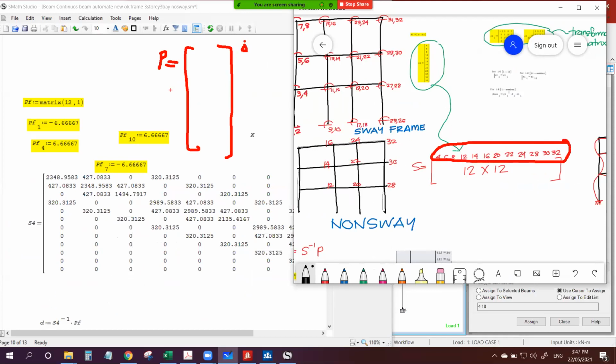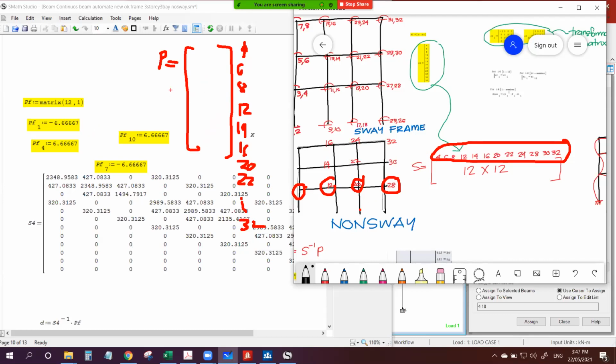So it should be 4, 6, 8, 12, 14, 16, 20, 22, all the way to 32. Okay. So the only non-zeros correspond to what code? 20, 28. This is 4 and 12. Because they are the only loaded nodes. Sorry, yeah, loaded degrees of freedom.